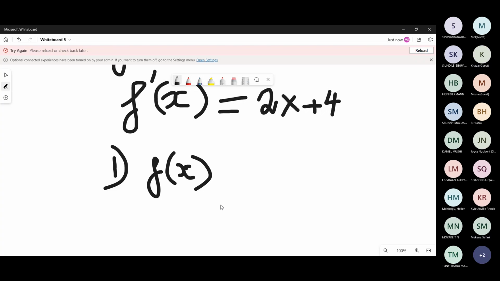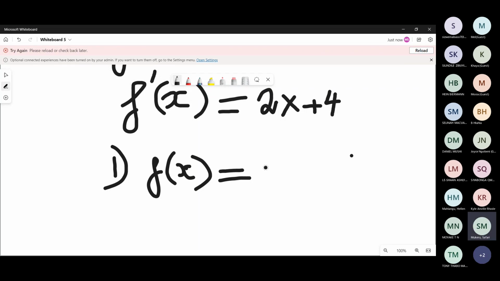Good. Let's then continue. Sorry for that interruption. Last time we discussed a few rules of differentiation that you must know in order to be able to find f prime if you know f.